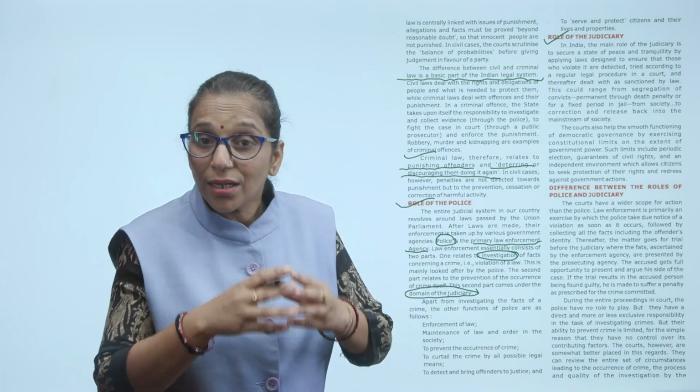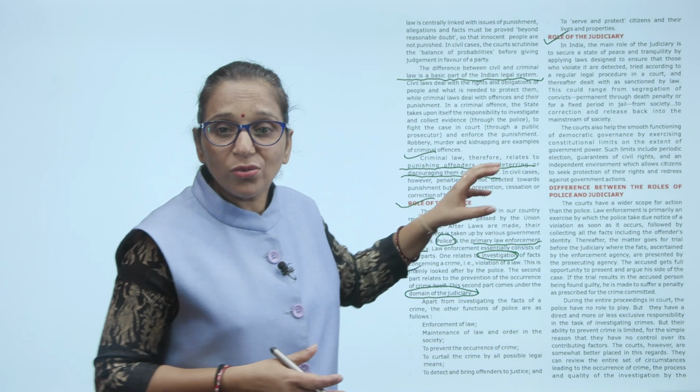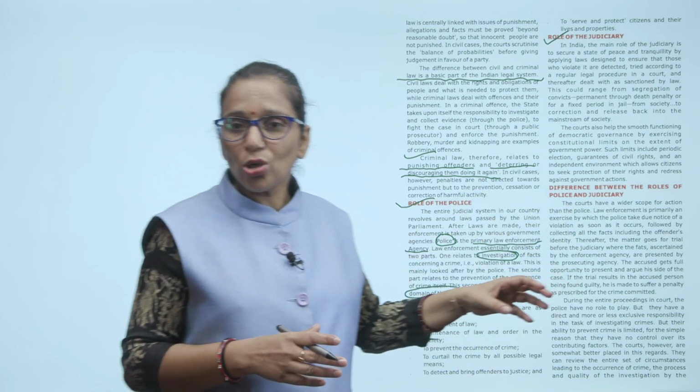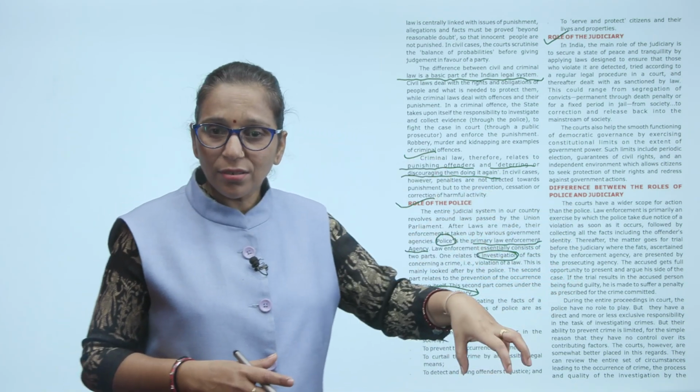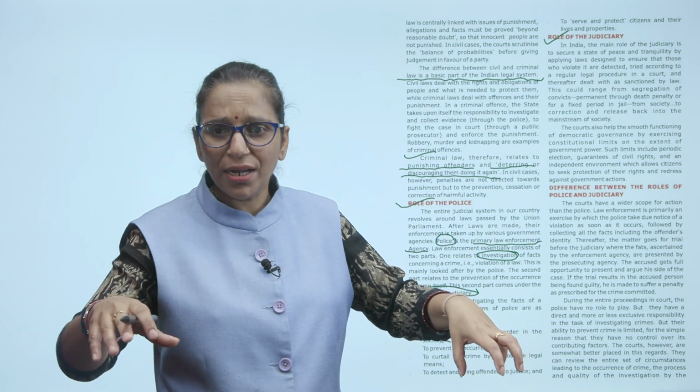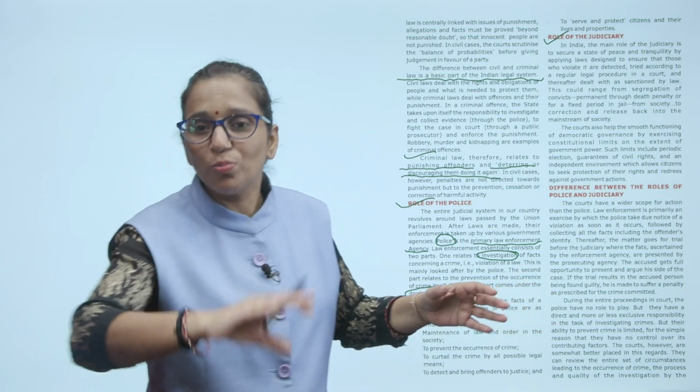That is, to maintain a state of peace, harmony, unity and integrity is the role of the judiciary. Now this could range from segregation of the convicts permanently through the death penalty, or for a fixed period in a jail, from society to correction and release back into the mainstream of society.